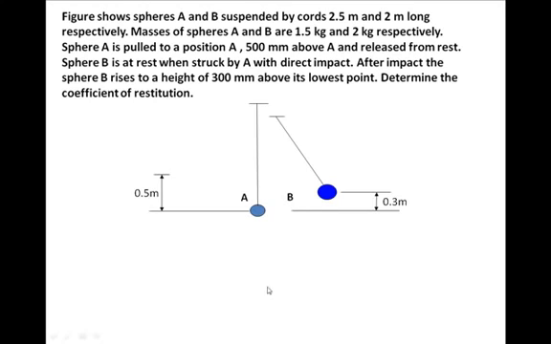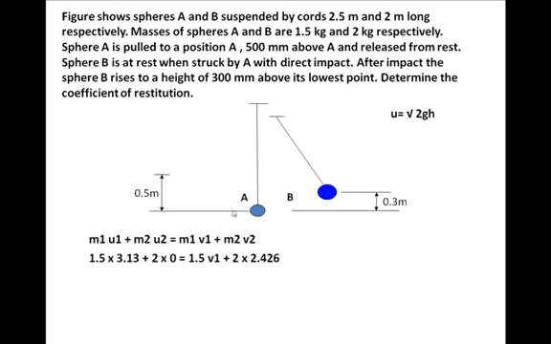So let's write our conservation of momentum equation for this impact and figure out what is what. The formula u equals root 2gh is going to be handy, because when sphere A falls through a height of 0.5, by root 2gh, the velocity of sphere A just before impact comes to 3.13.